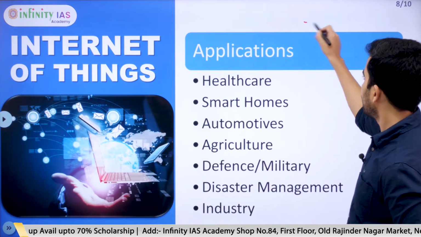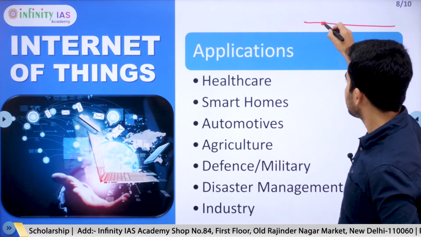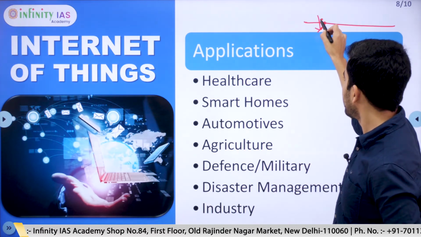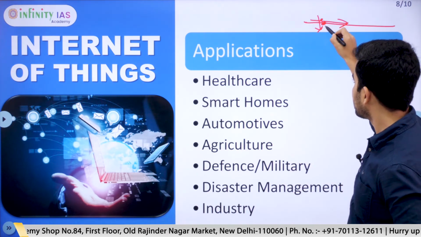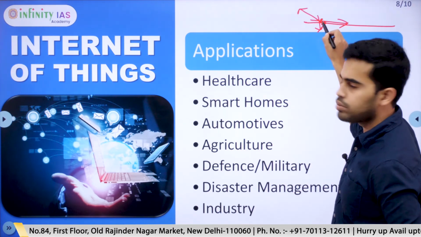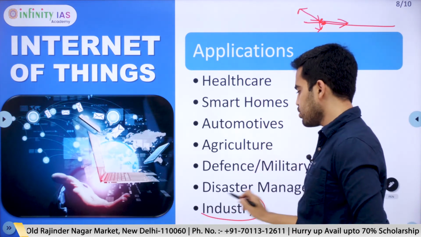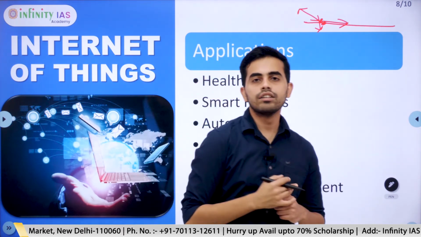So we can have sensors in the food processing industry that will sense any reduction in the quality of the substance that is passing through the supply chain. This will alert the management to make changes in the chain. So this way, Internet of Things can be used in industry as well, particularly in terms of quality control.